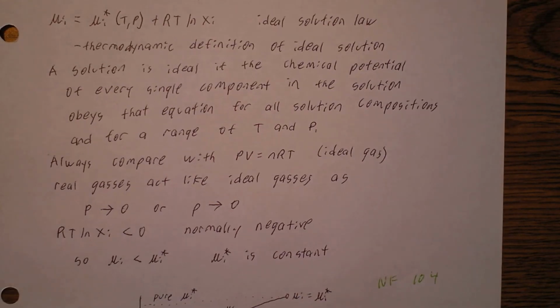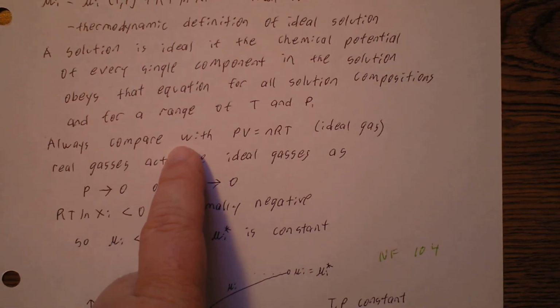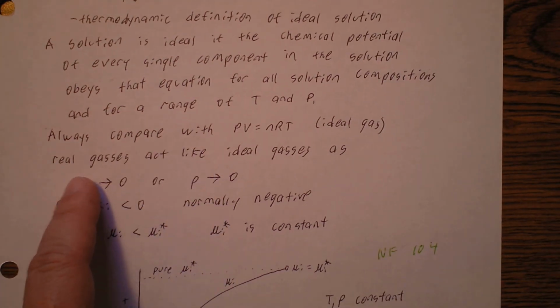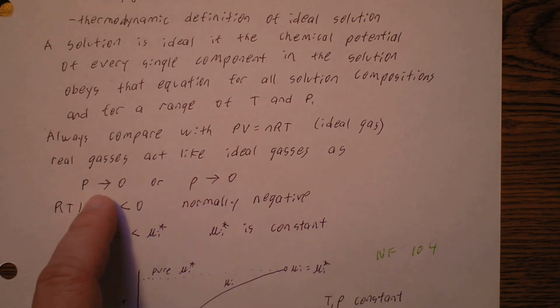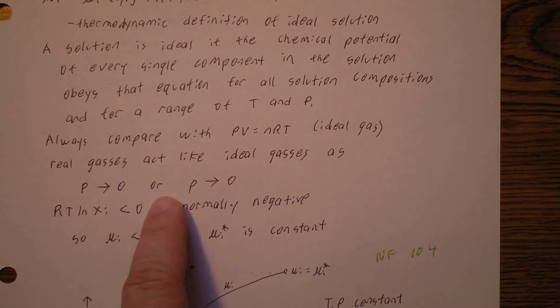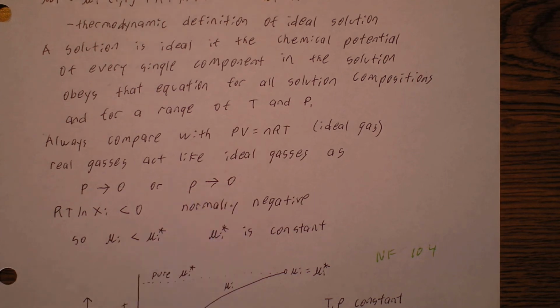Now, a solution is ideal if the chemical potential of every single component in the solution obeys that equation for all solution compositions and for a range of temperature and pressure. Now, we always want to compare with PV equals nRT because that's an ideal gas. So real gases act like ideal gases as either the pressure approaches zero or the density approaches zero, the concentration approaches zero.